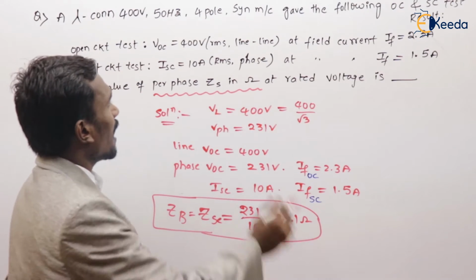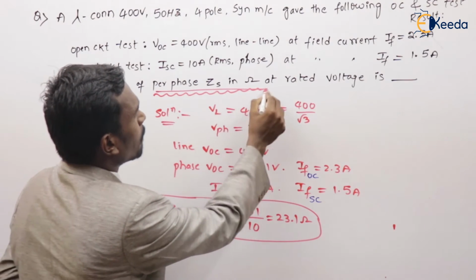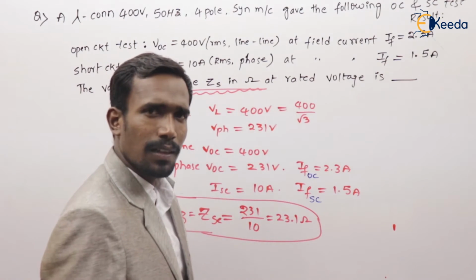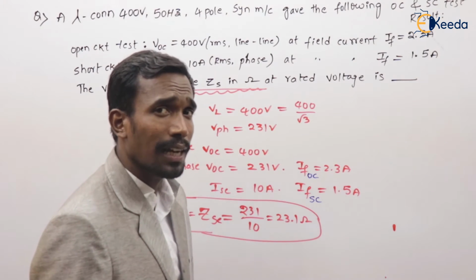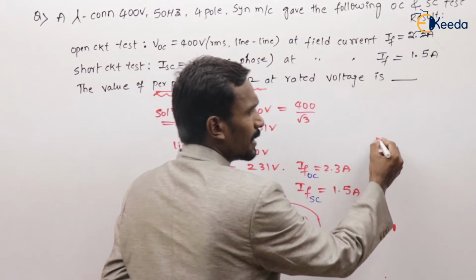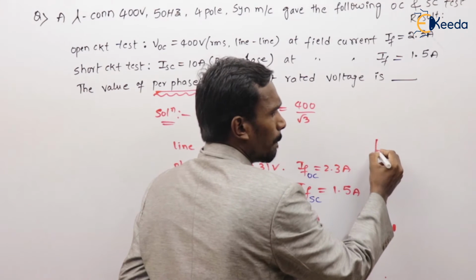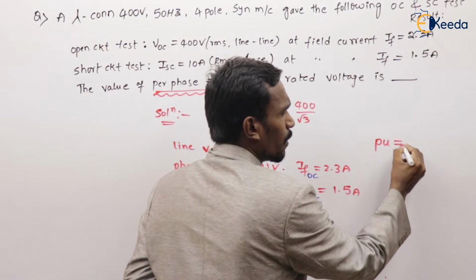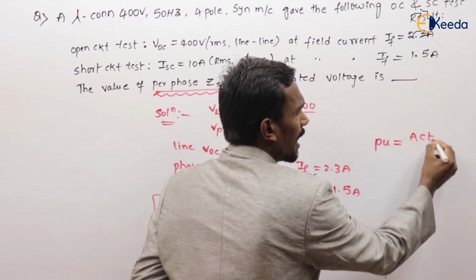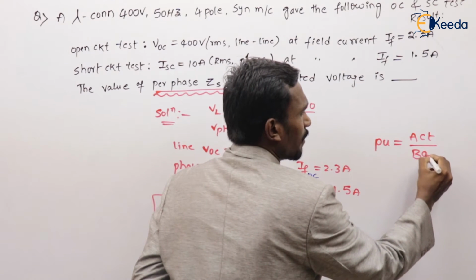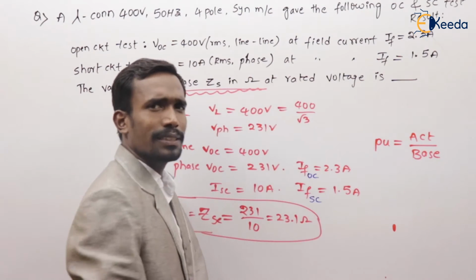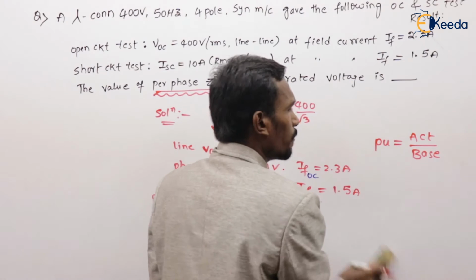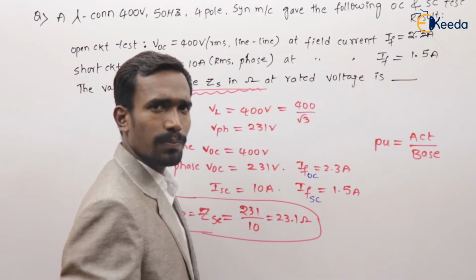But I want the per phase impedance. What is the formula? Per unit value is equal to actual value by base value.